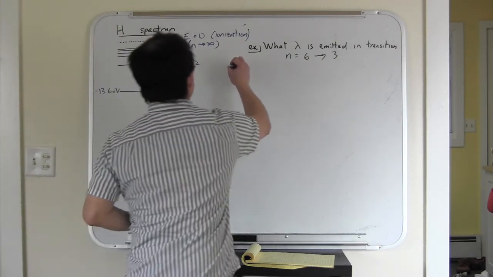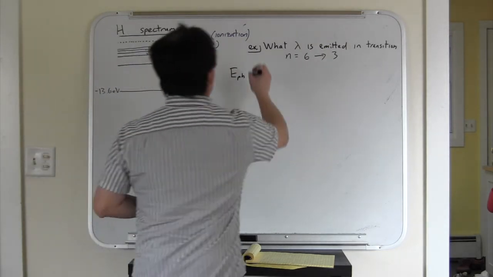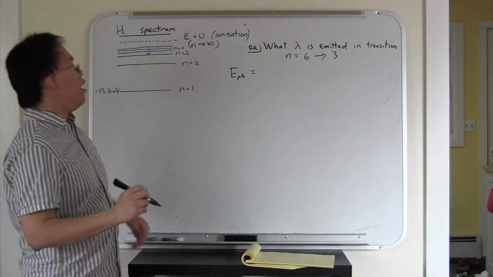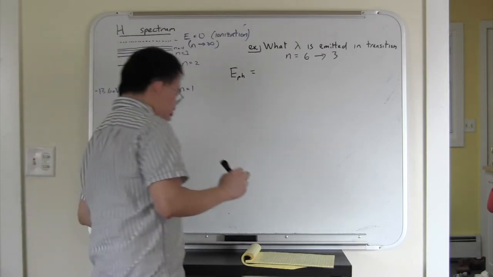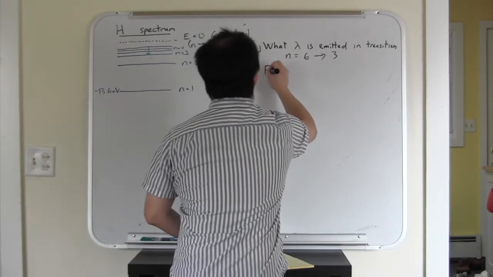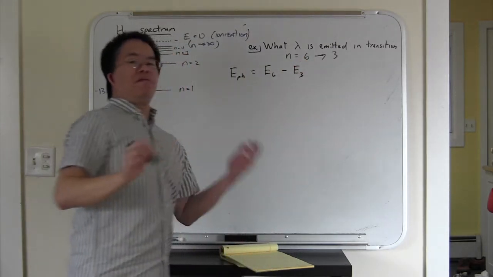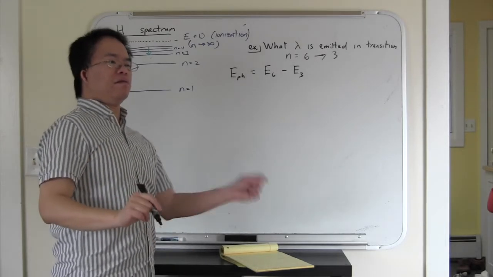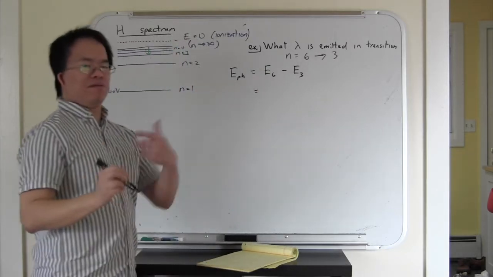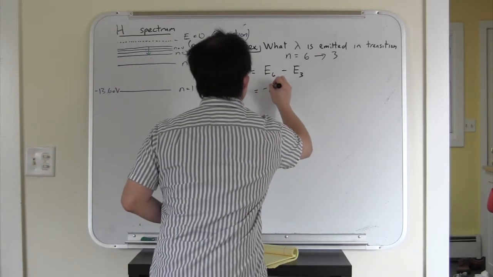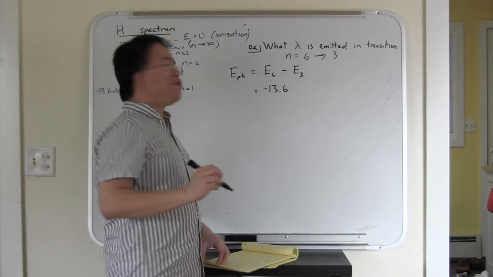So the photon energy, and I'll abbreviate that E sub ph, is going to be the energy of the higher level state minus the energy of the lower level state. And that's going to be E6 minus E3. And then we can just calculate that using the result from the Bohr model. It's often easier to just use 13.6 eV rather than plug in all the constants, although you can certainly do that.